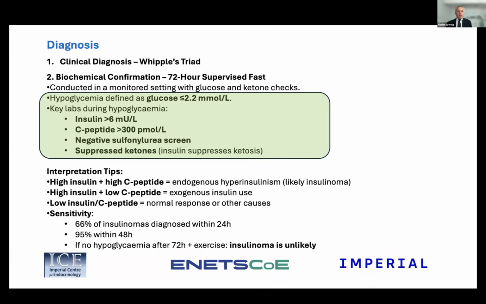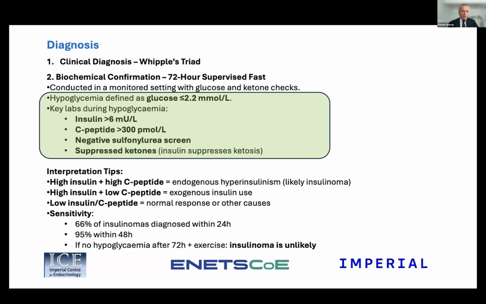So here are some tips for the interpretation. High insulin, high C-peptide in the context of hypoglycemia and low ketones are in keeping with an insulinoma, so endogenous hyperinsulinism. High insulin, low C-peptide are indicative of exogenous insulin use, something we have to rule out.